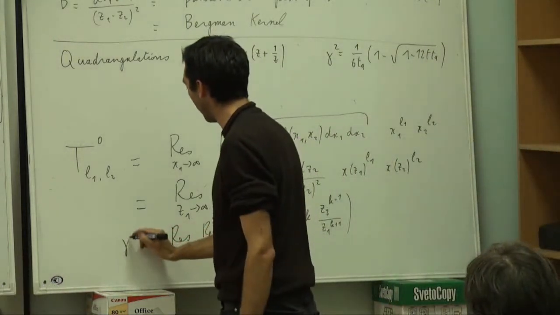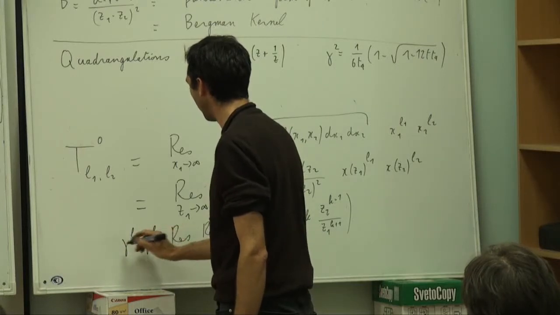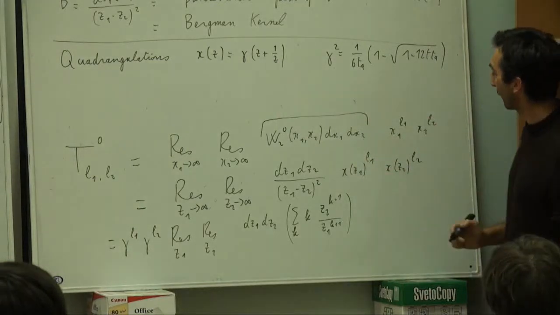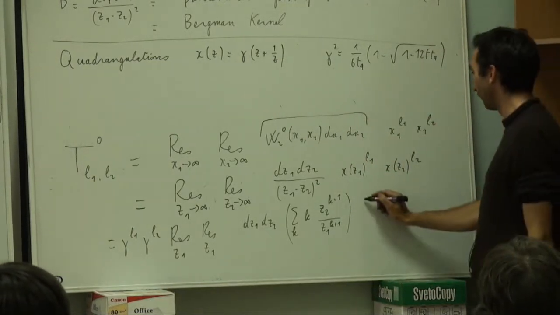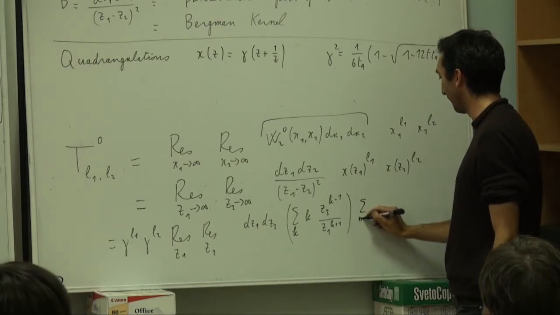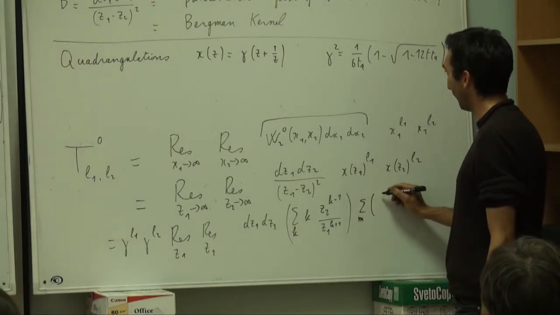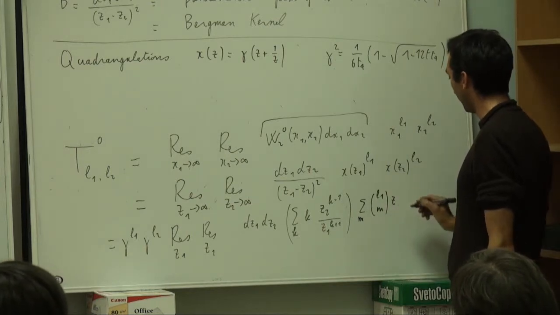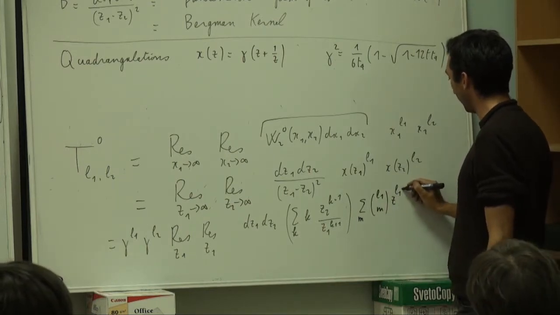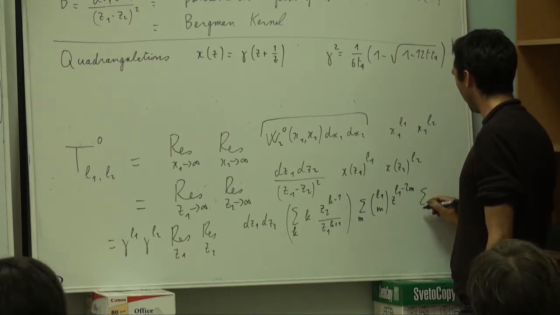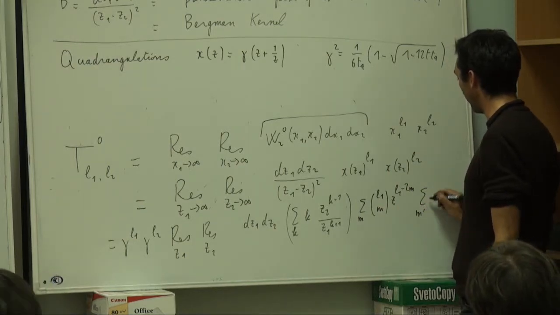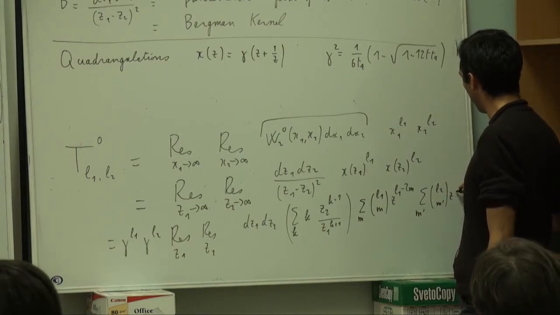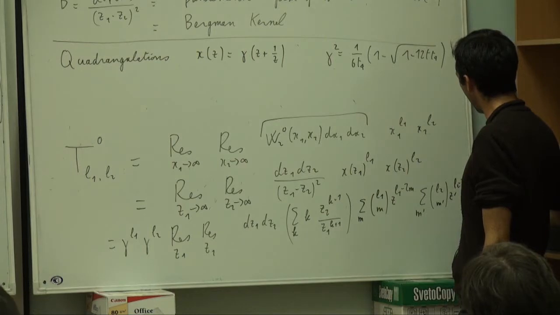Let's put gamma^L1 and gamma^L2 in factor. And here we'll have (z1 + 1/z1) to the power L1, which will be the sum over m of binomial(L1, m) z1^(L1-2m), and the sum over m prime of binomial(L2, m') z2^(L2-2m').